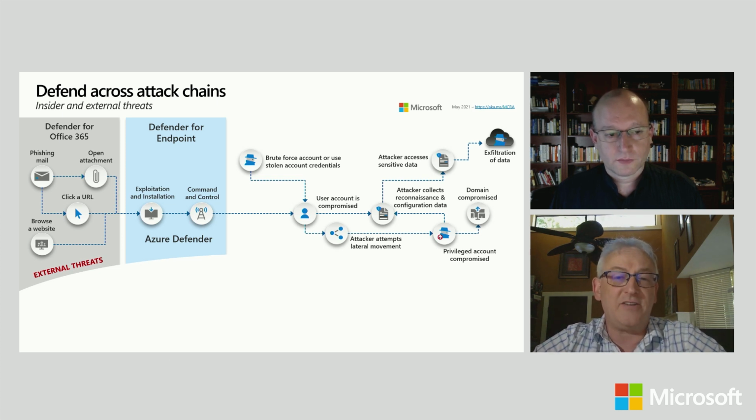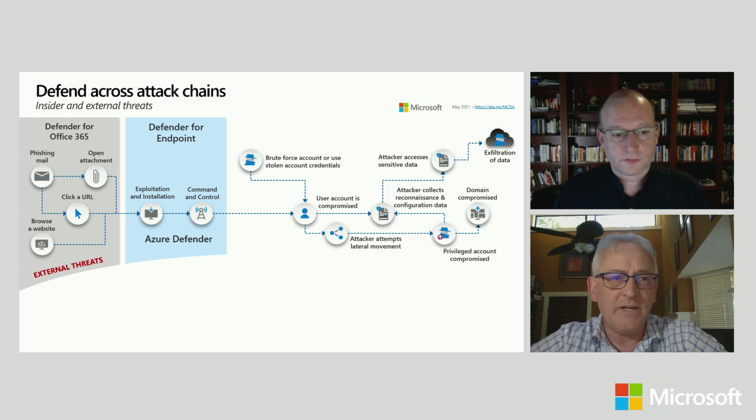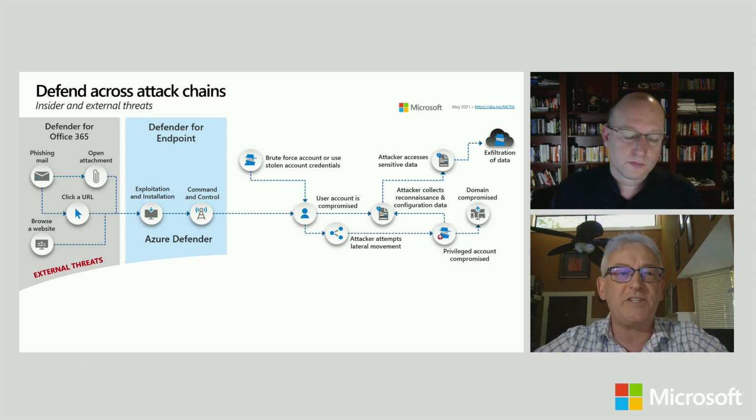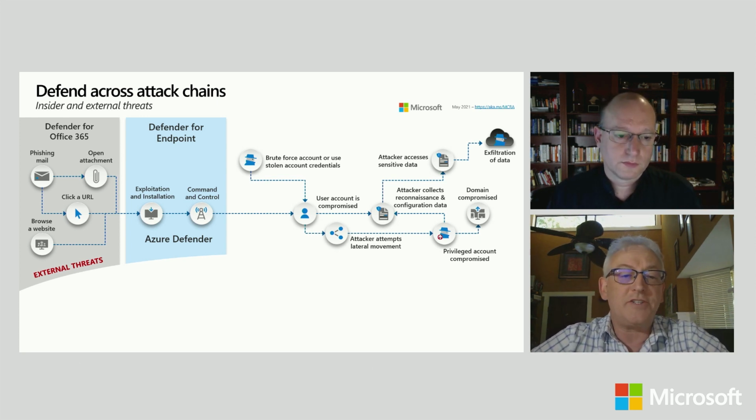So we have layered defenses. So maybe we assume in this case the attacker does get their malicious email inside the network, and someone opens it on an endpoint. This is where Microsoft Defender for Endpoint comes into play. So here we're doing detection and response capabilities for workstations, for servers, for mobile devices, and more. And we're using regular antivirus techniques, but also a lot of heuristic and behavioral detections.